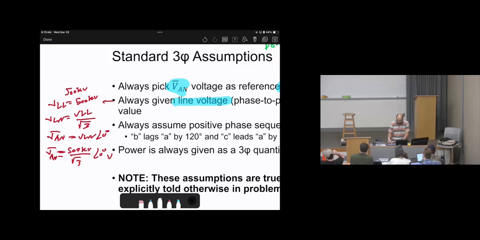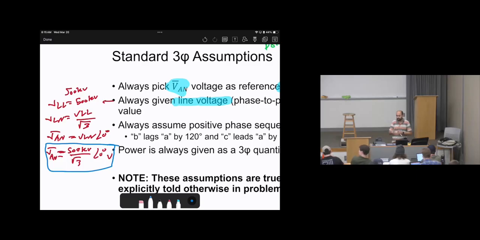So this formula is very important and we will use it a lot. If the problem statement says 500 kilovolts, then from that word and 3-phase, I can find V line to line, V line to neutral, VAN directly, just by reading only this statement.